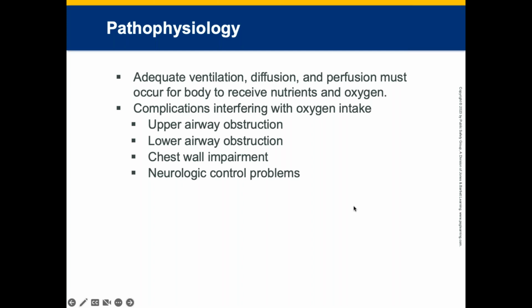We start thinking about cystic fibrosis, things like that, or neurological problems like brainstem malfunction. So you can see that in trauma as well, or significant TBIs, stroke or other medical neurological conditions, trauma or neuromuscular disease.